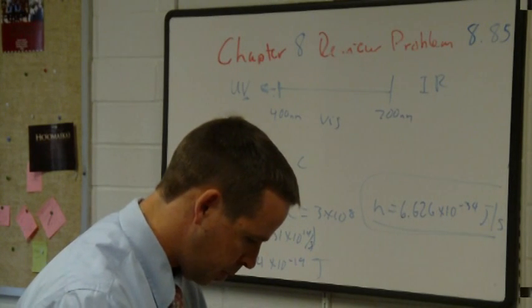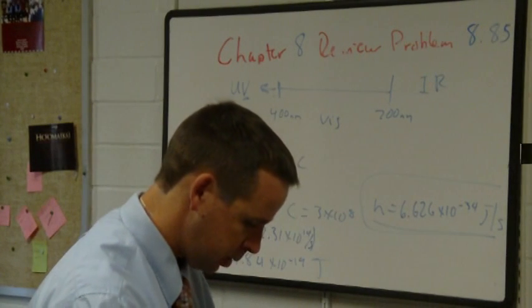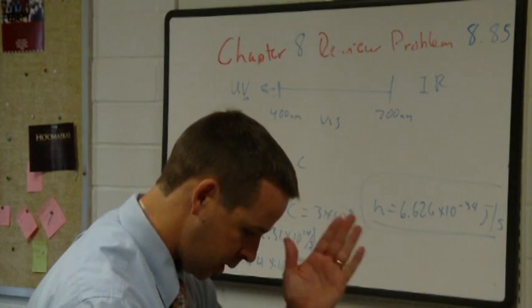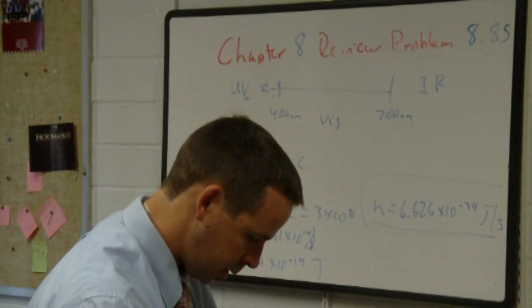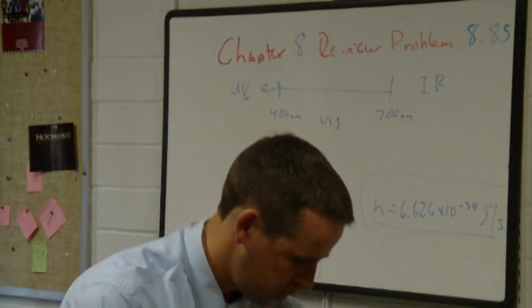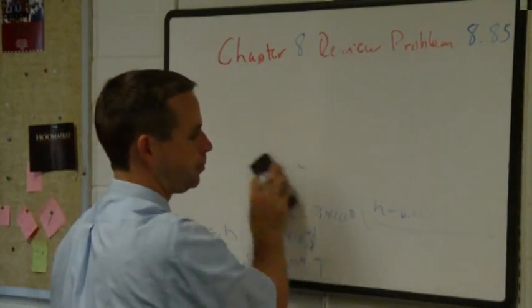But what we're trying to do here is to recognize that there's an equation that can relate the wavelengths of all the spectral lines of hydrogen. All right, so let's write this Rydberg equation on the board here.